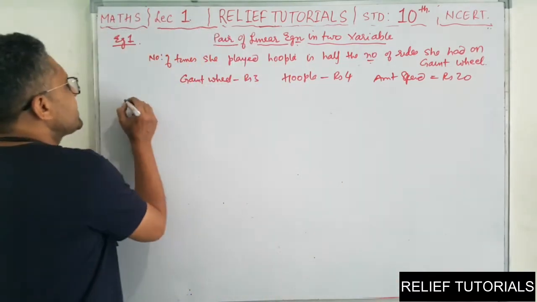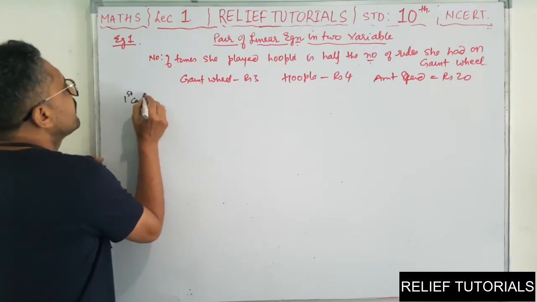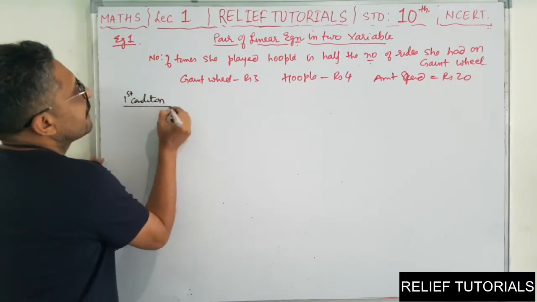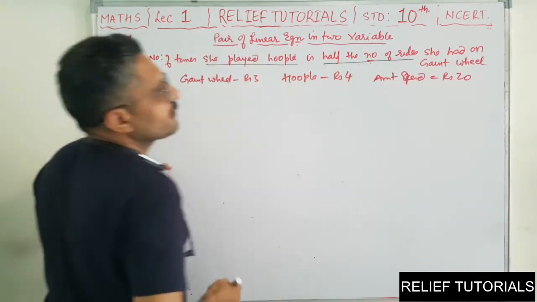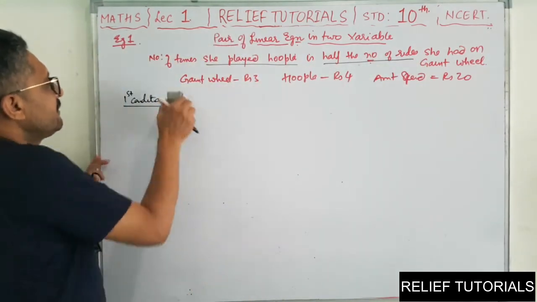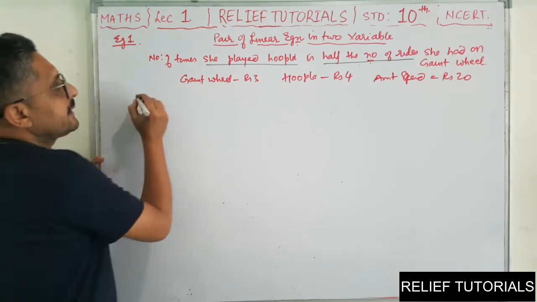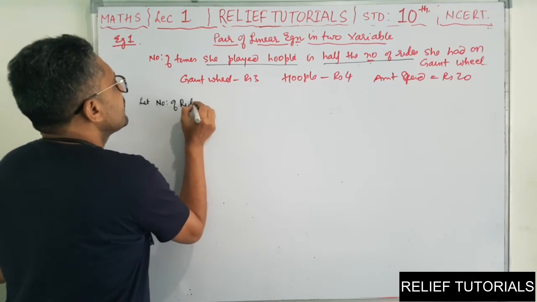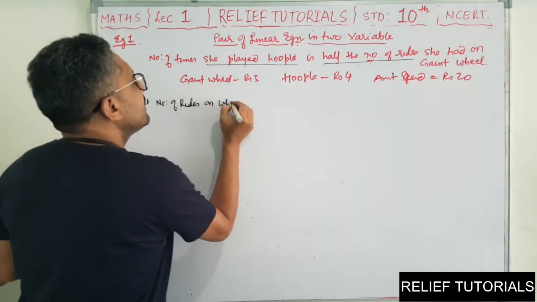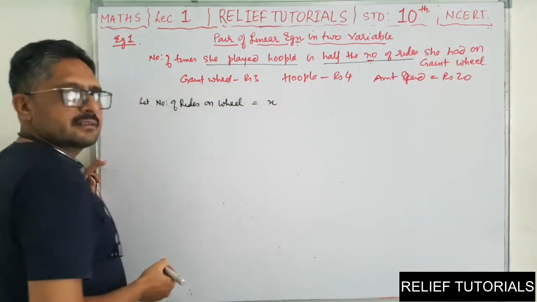So first we read the first condition: the number of times she played hoopla is half the number of rides she had on the giant wheel. But before that, we will take one thing. Let the number of rides on the giant wheel be x.